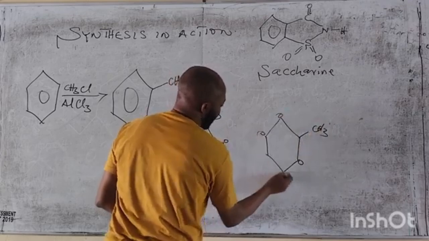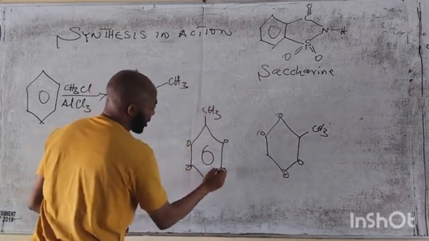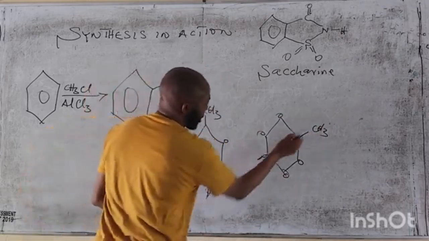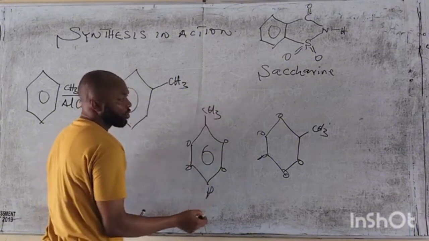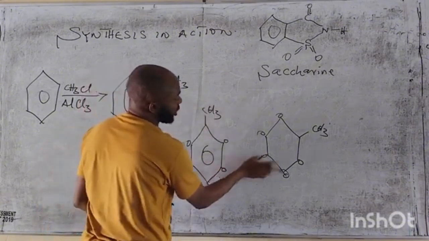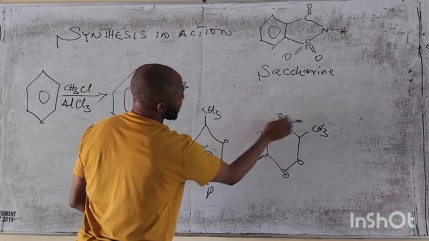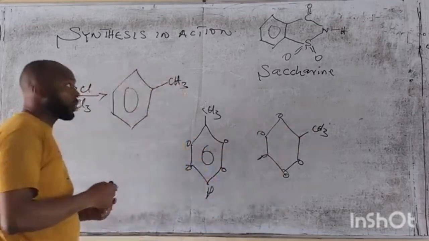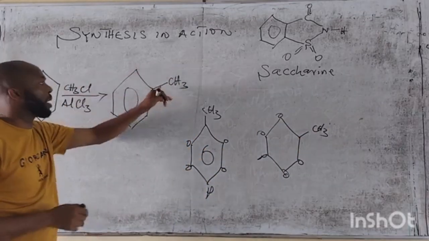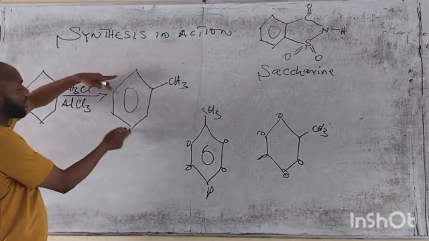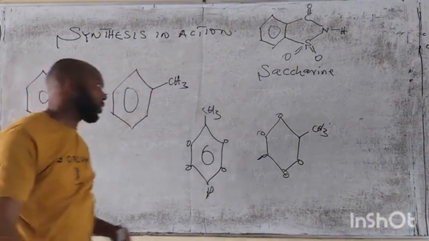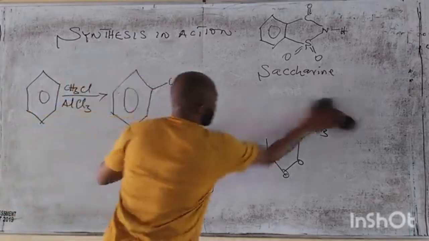These two become my meta, and this is para. Alright? And so on. If I take this as my position 1, these two ortho, meta, para, the same. So don't forget that this now being my position 1, these two now become ortho, this other one meta, and this is para. I can slant it anyhow I want. So let us go on.